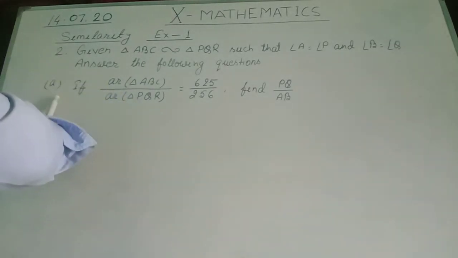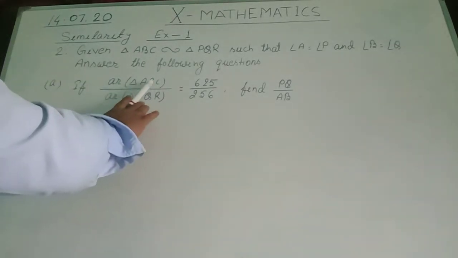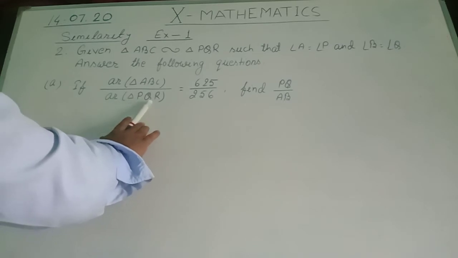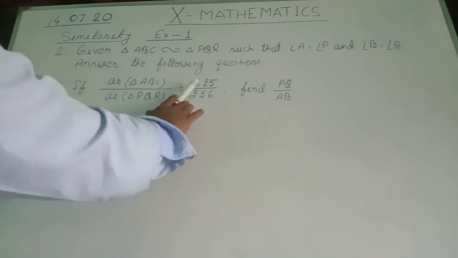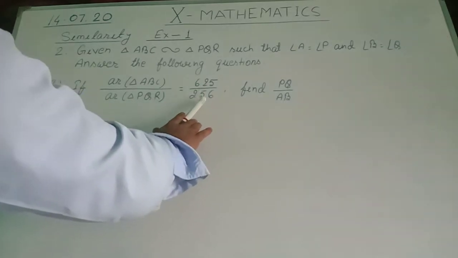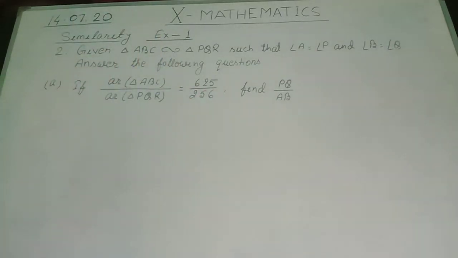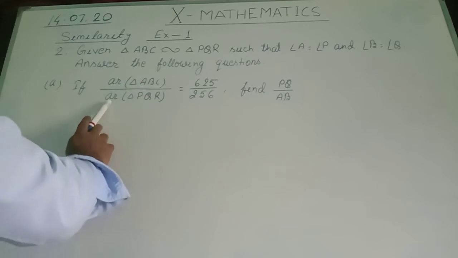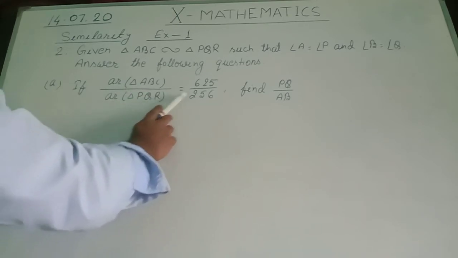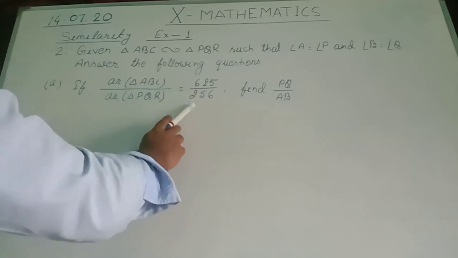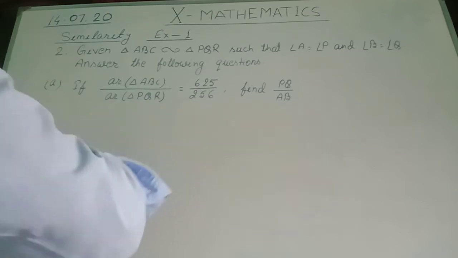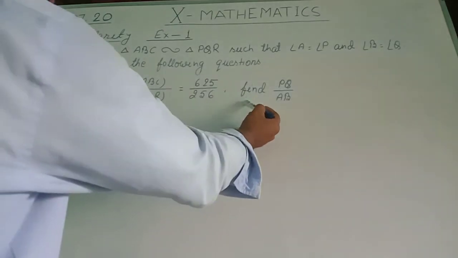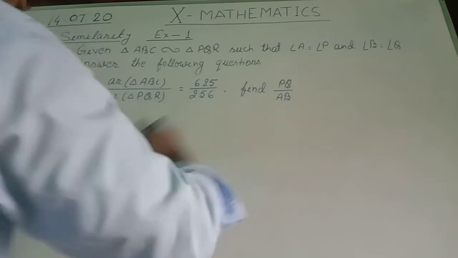In question number A, if area of triangle ABC by area of triangle PQR is equal to 625 by 256, it means the ratio of area of triangle ABC and area of triangle PQR is given, that is 625 by 256. Then we are asked to find PQ by AB.